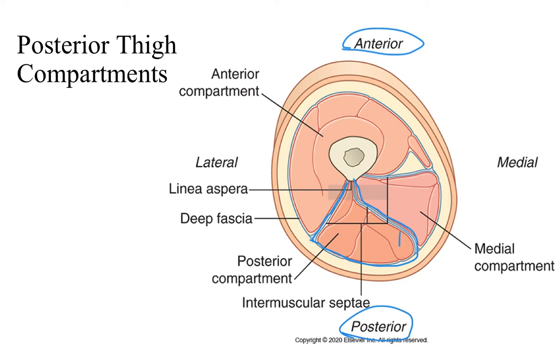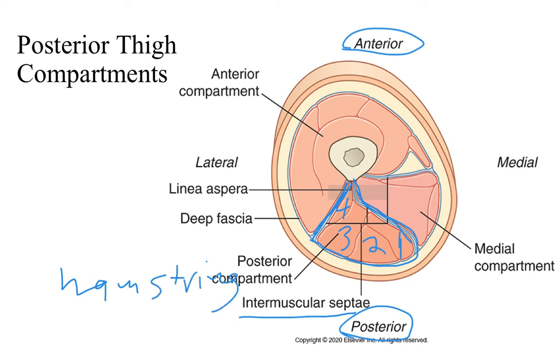Notice that there are 4 muscles within that compartment, and it's separated from other compartments by intermuscular septae. These are basically continuations of the deep fascia, whose job it is to keep muscle compartments separate from each other. The 4 muscles within that compartment are collectively known as our hamstring muscles.